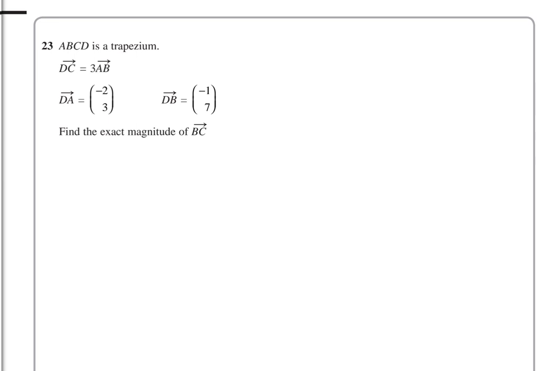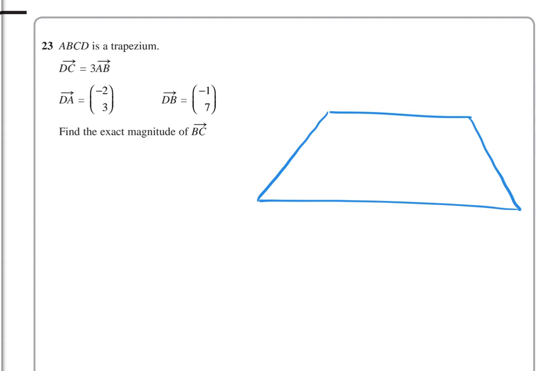23. ABCD is a trapezium, so we need to draw the trapezium A, B, C, D. The vector DC is 3 times the vector AB, so 3 AB.